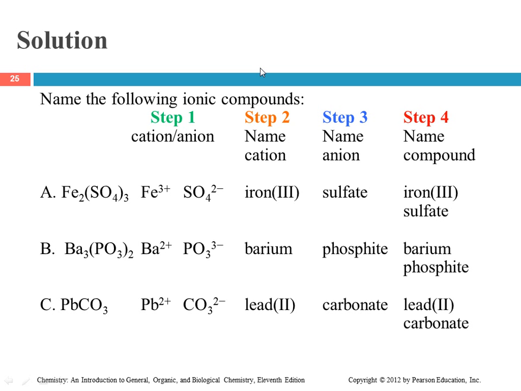So 2 times x plus 3 times -2 has to equal 0. So x has to be 3. 2 times 3 plus 3 times -2. So we have iron 3, and then we just name the polyatomic ion as it's written on the list. So we have iron 3 sulfate.